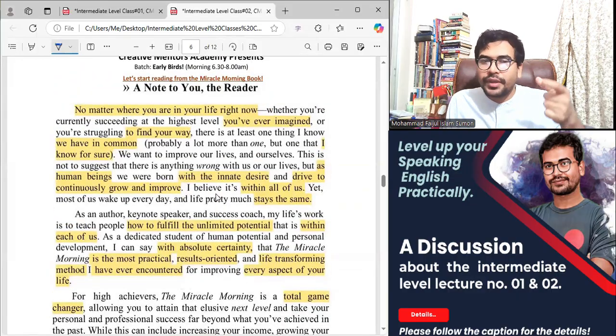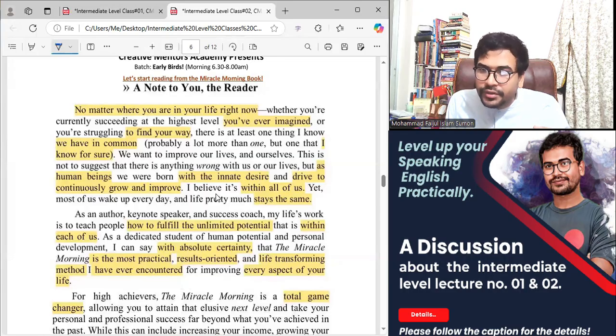If you haven't got any point here, then try to focus on a couple of words together, like no matter where you are in your life right now, what I had mentioned previously, maybe in the online class. And now try to write or read the highlighted points.